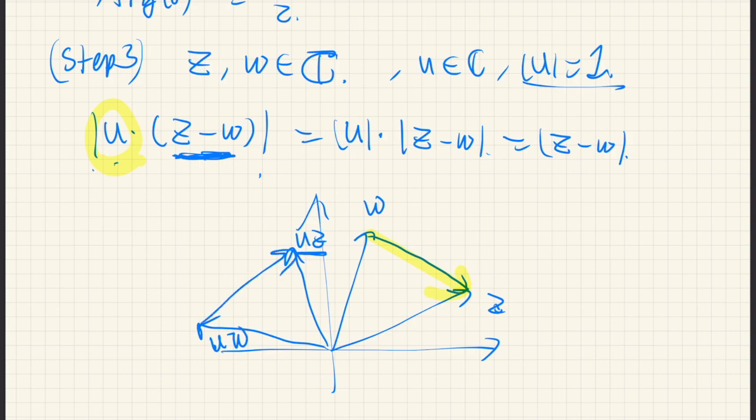So this is some complex number. This one, z, is transformed to this point, w is transformed to this point, but the distance between these two points doesn't change. So this length and this length are the same, as we can see from this calculation.